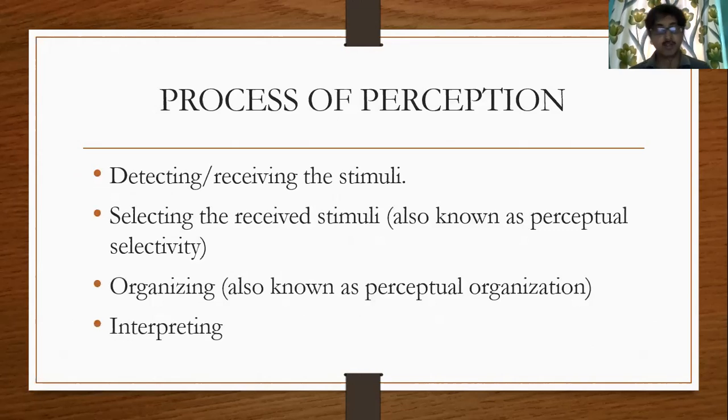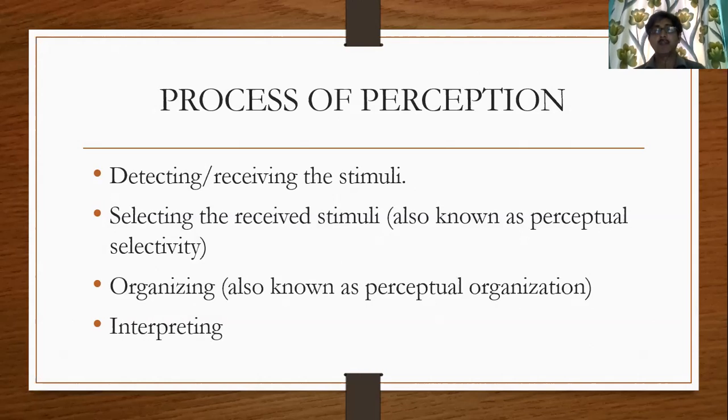Process of perception. There are basically 4 steps. First one, detecting or receiving the stimuli. Usually these are external stimuli, or some stimuli can be internal as well.